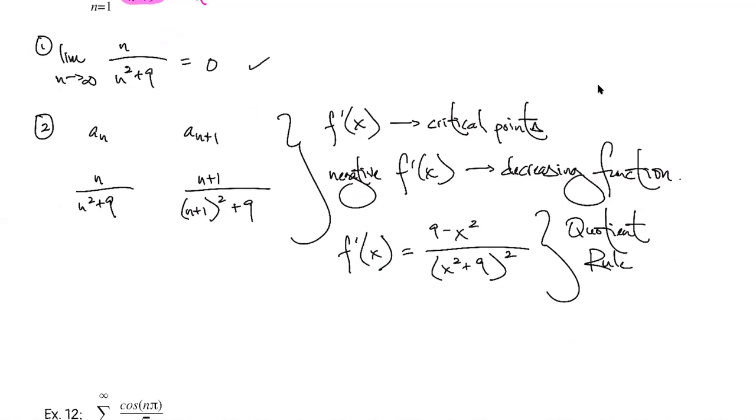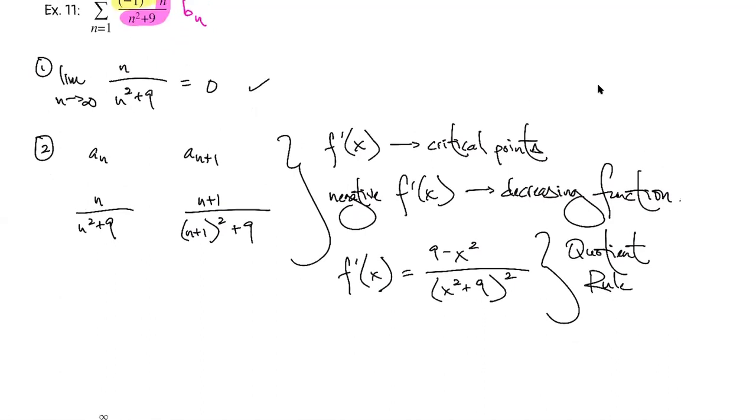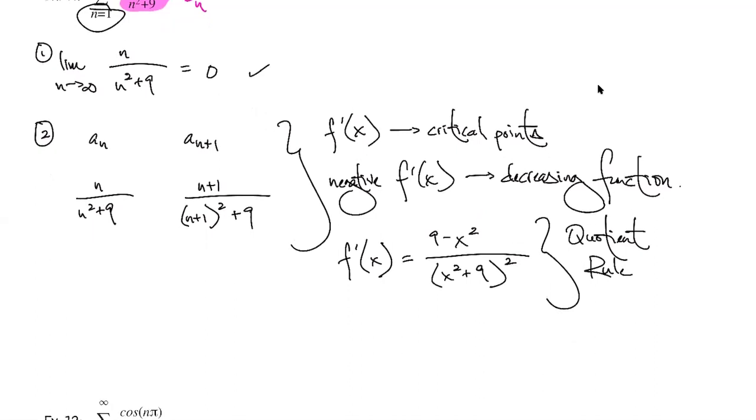Now, the numbers that make this 0 are going to be 3 and negative 3. Okay. But because I'm looking at an infinite series, I don't care about that negative 3. I really just want to know what's happening before and after 3.